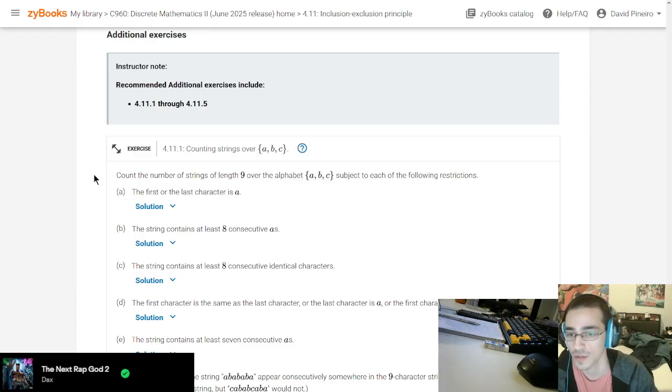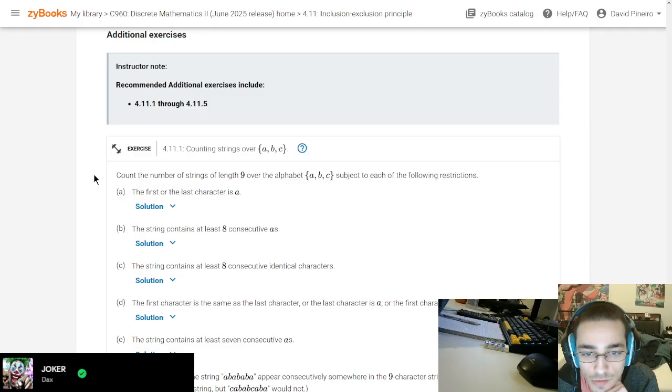Can I count this without using the intersection thing? If there were no requirements, it would just be 3 to the 9. Right, so the first or last character is A.